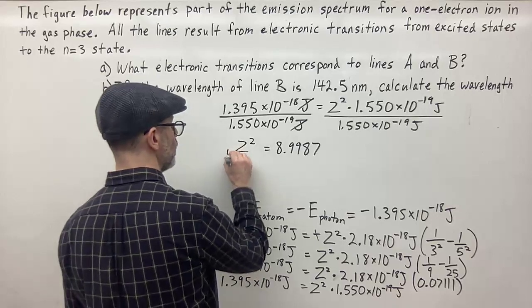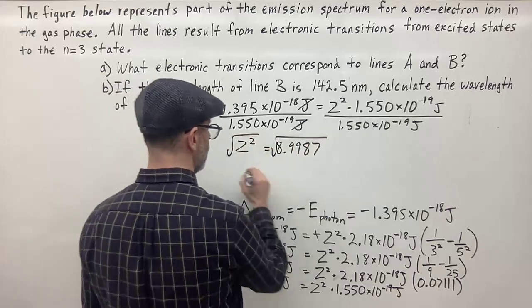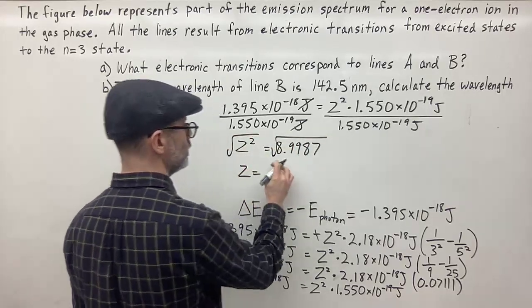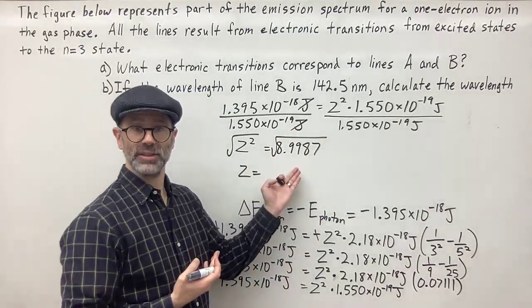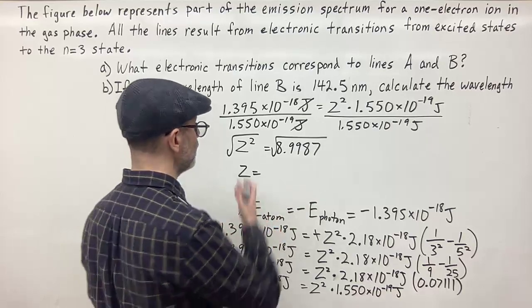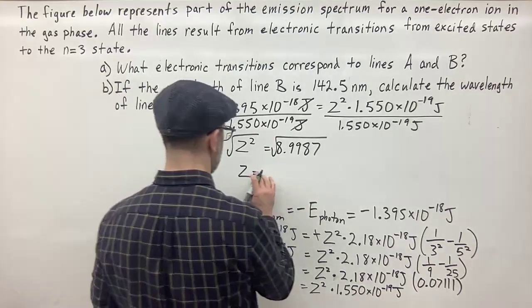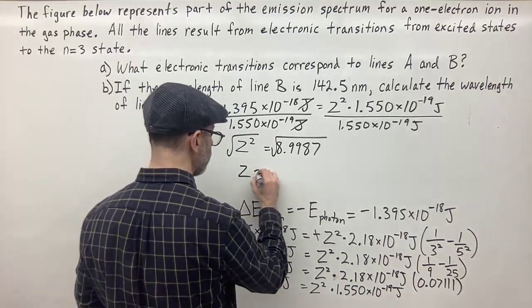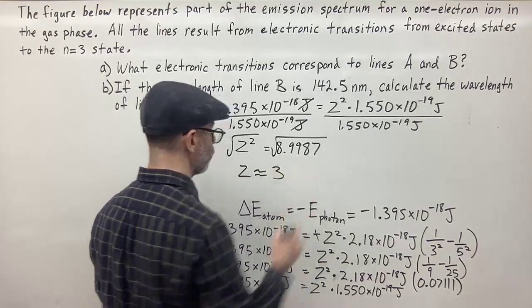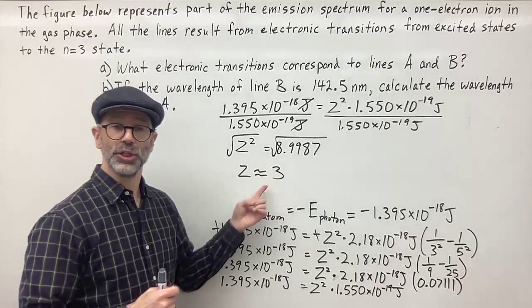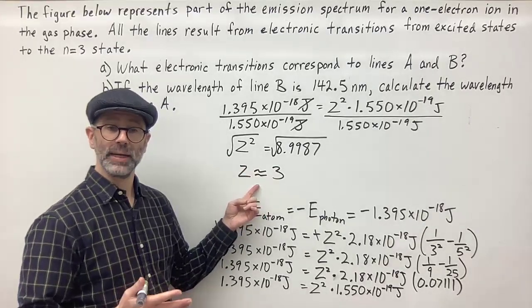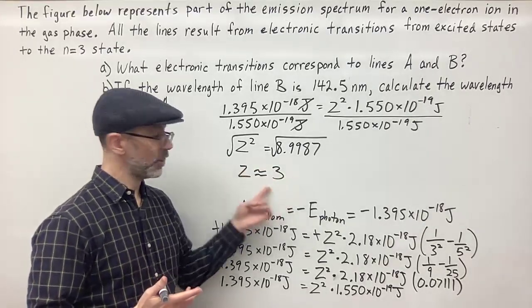So if I take the square root of both sides, then I get z is equal, this is pretty much 9, right? I can round this to 9. This is really close to 9. So that means the square root of 9 is approximately very close to 3. So the nuclear charge that's felt by the electron is a 3.